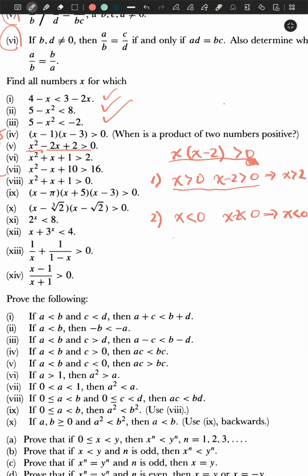So we have two cases where x is greater than 2 or x is less than 0, which makes this product greater than 0. Okay?